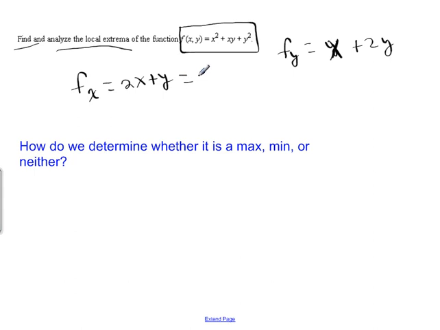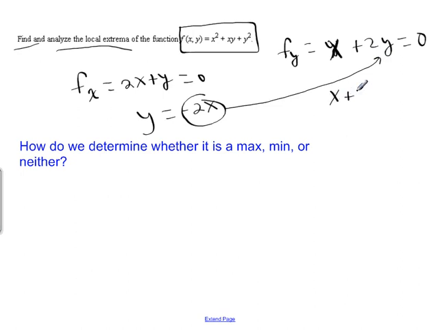So when this equals 0, you know that y equals negative 2x, and this one has to equal 0. So if we plug this value in for y, we know that x plus 2 times negative 2x must equal 0. Negative 3x equals 0. This will only occur when x equals 0, and therefore when y equals 0.